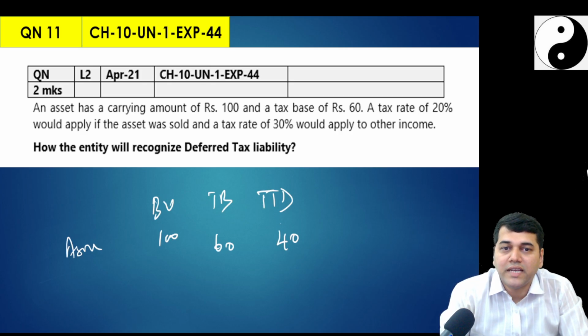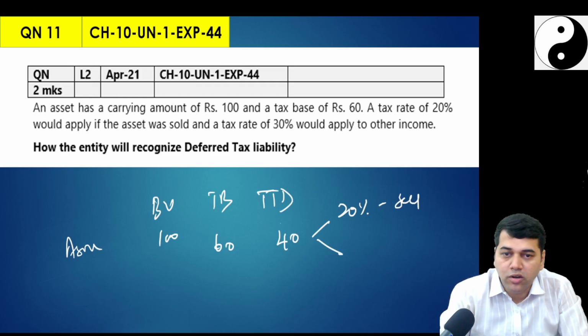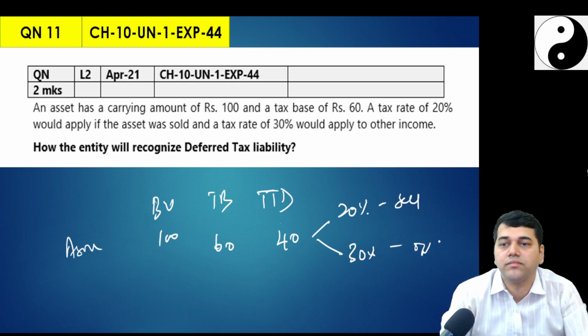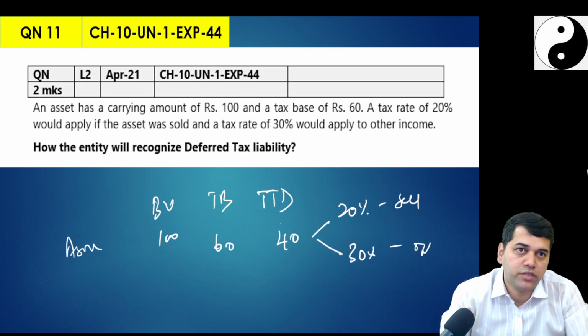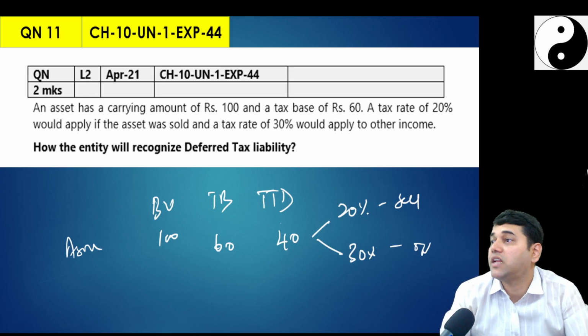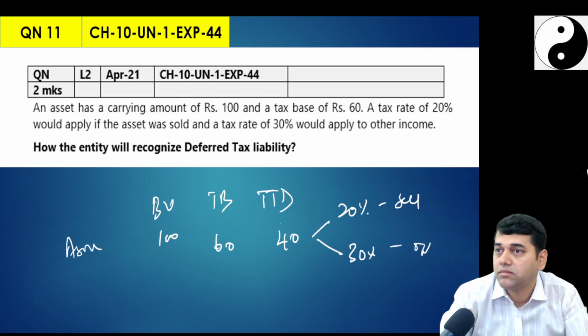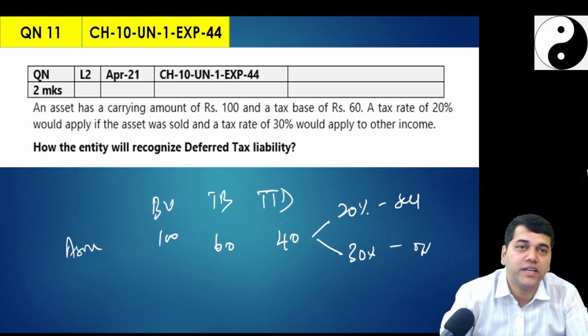Now, the tax rate is 20% if you sell, that means capital gain tax, or 30% for other income. Now, my question to you is, are you going to recognize deferred tax asset or liability? Liability. Why? Because your book value is more than the tax base.